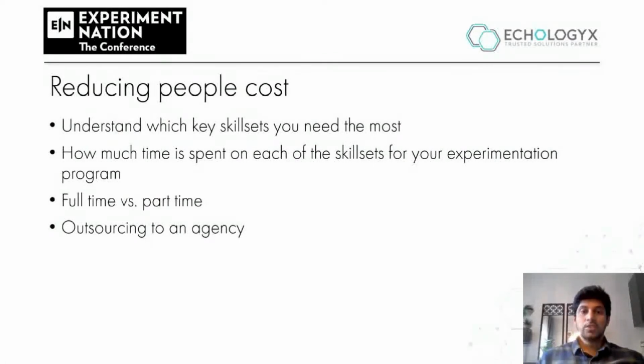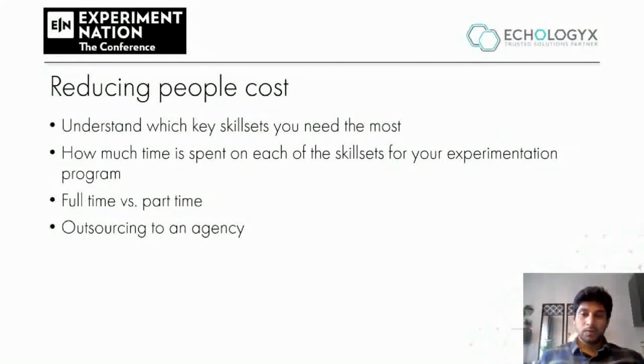What do you already have within your current team? Because of course, running a website, running a business, running an online presence, you need to have some key people already working on your team. Now, how much of that skill set can you use for your experimentation program?